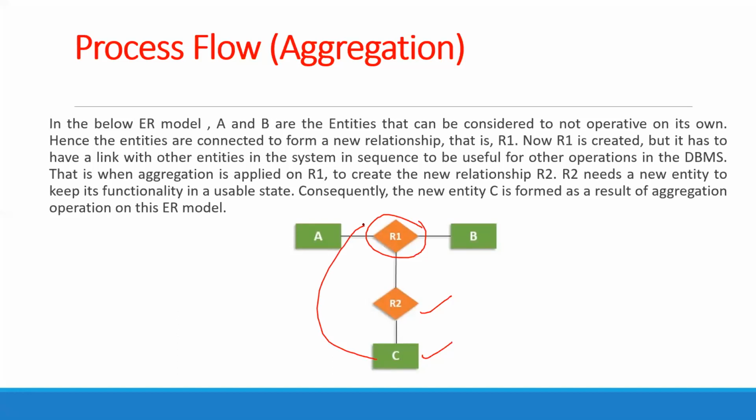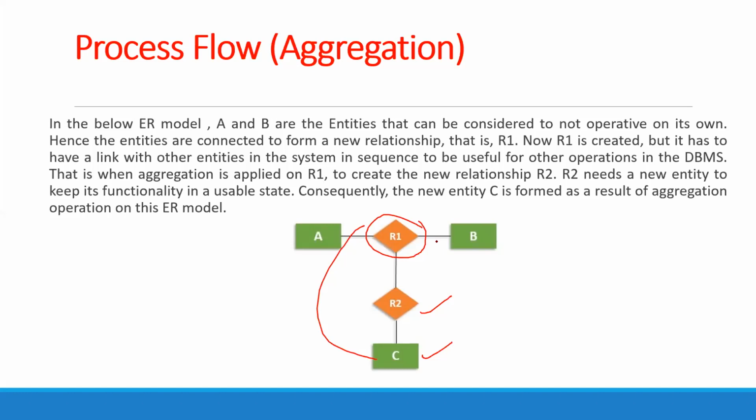See, in the ER diagram, A and B are two entities that cannot be considered to operate on their own. Hence, the entities are connected to form a new relationship R1. Now R1 is created. This is a participation line, and this is also a participation line, but not total participation.